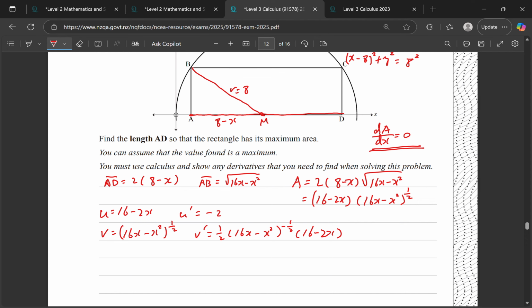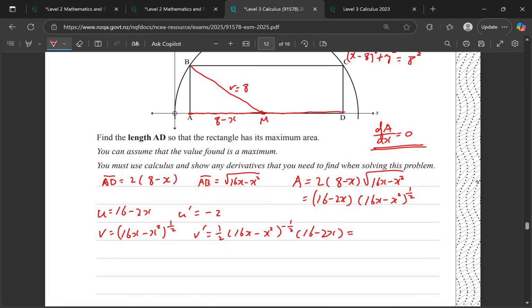I can simplify between the half and the 16 minus 2x, which is 8 minus x.